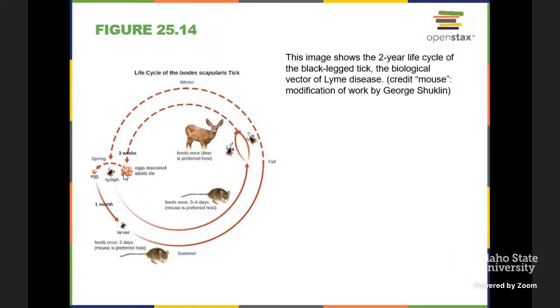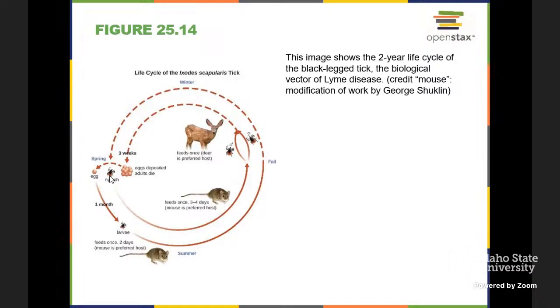So as the tick hatches out, there are multiple developmental stages within the ticks. They need to molt to get to the next stage, and in order for that to happen, they need a blood meal before they can molt to the next stage. So sharing that bacteria with others as they are doing this. All right. So the eggs are laid in the environment.